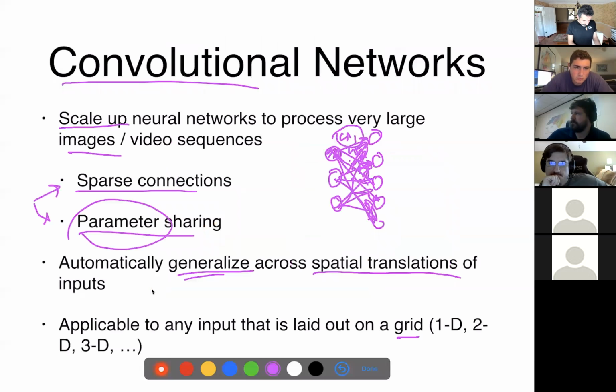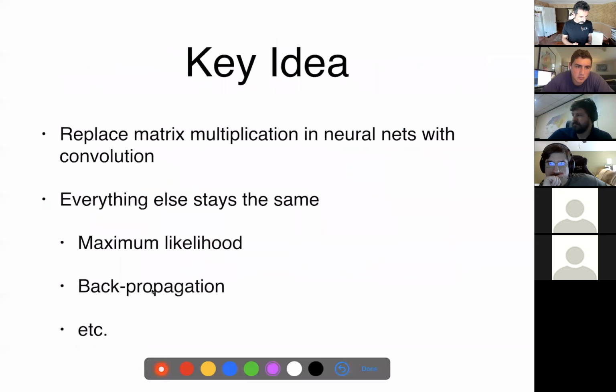And basically, this idea is applicable to higher dimensions as well, not only 2 dimensions, but higher dimensional structures as well. Any question until here?